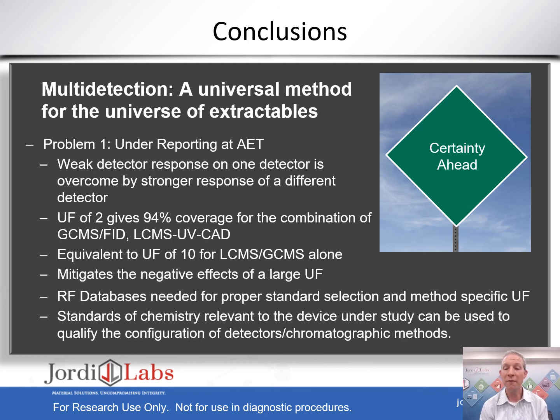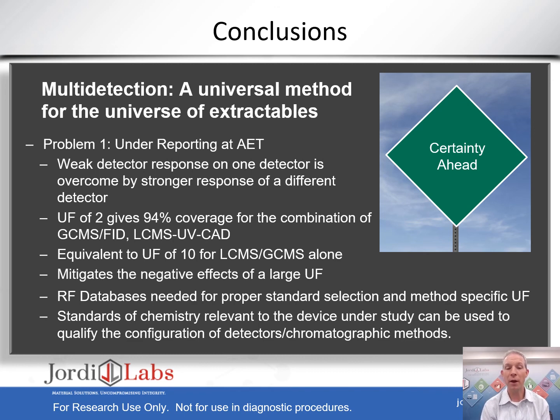If we used a UF of 2, we found that for our broadly constituted database of extractables, we can obtain 94% coverage using the full multi-detector solution. This was equivalent to applying a UF of 10 for LCMS and GCMS only. And this mitigated, therefore, the need for the large uncertainty factor. This allows us to avoid needing to apply unnecessary large amounts of concentration.